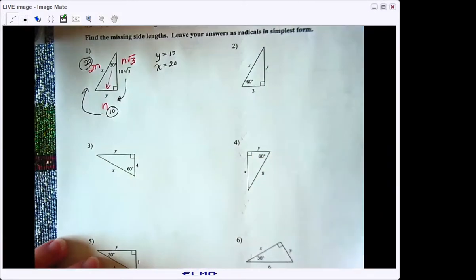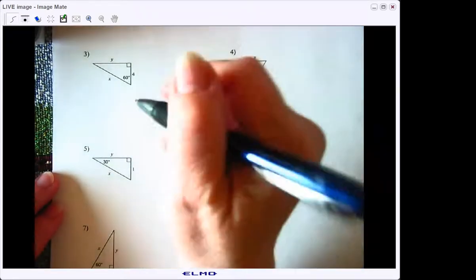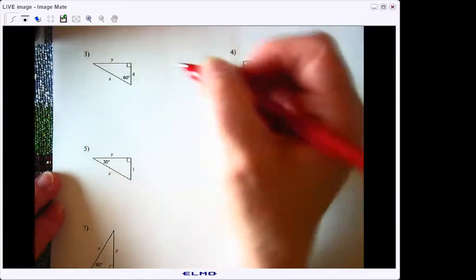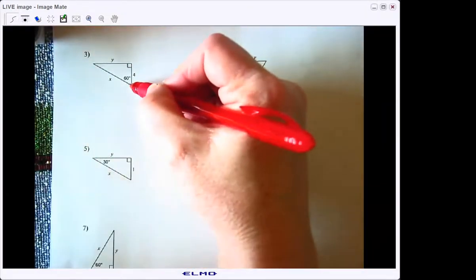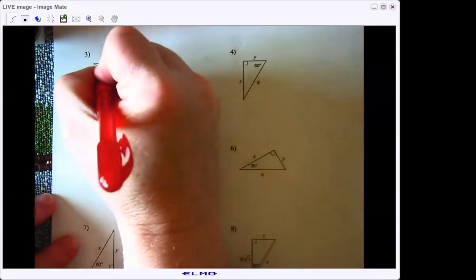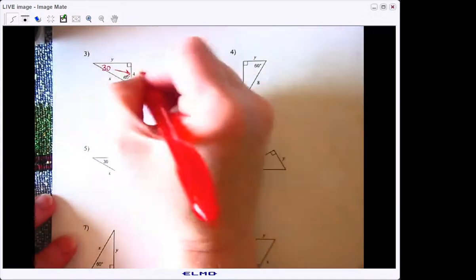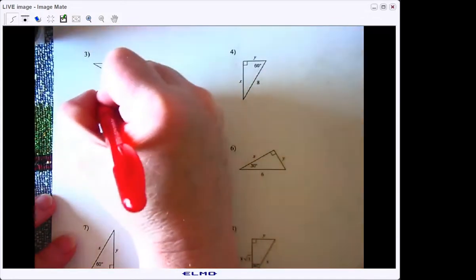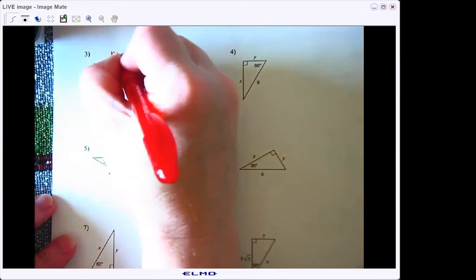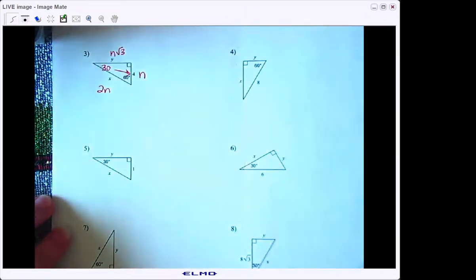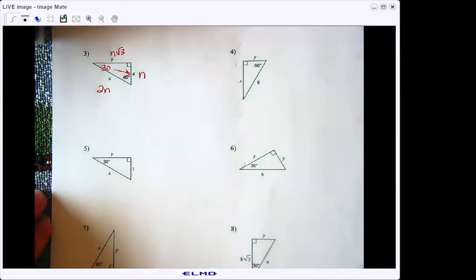Number 3. Okay. So labeling, I see a 60-degree angle, but I need the 30-degree angle, so I'm going to write it in the other spot. When we label, we have n, hypotenuse 2n, and then root 3. So take a minute, or actually 5 seconds, and write in what your x and y would be.